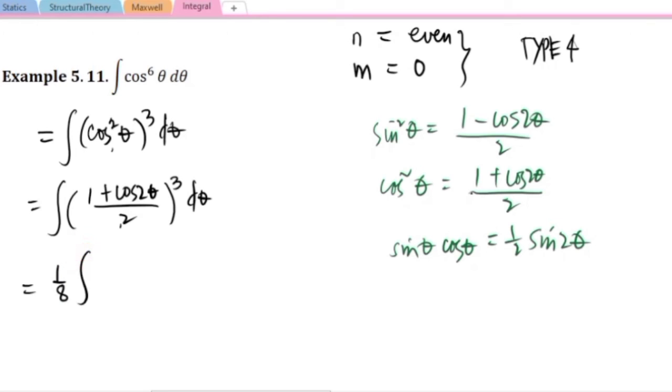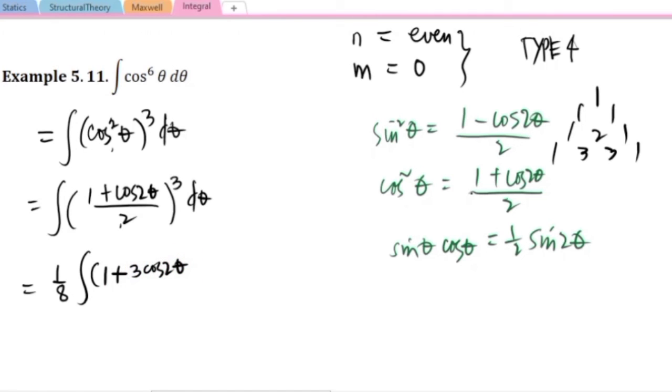1/8 integral of, so dito yung binomial expansion to the degree 3, so it's 1 kasi kung sa Pascal triangle it's 1, 3, 3, 1. So 1, 3, so it's 1, 3, it's cosine 2 theta.